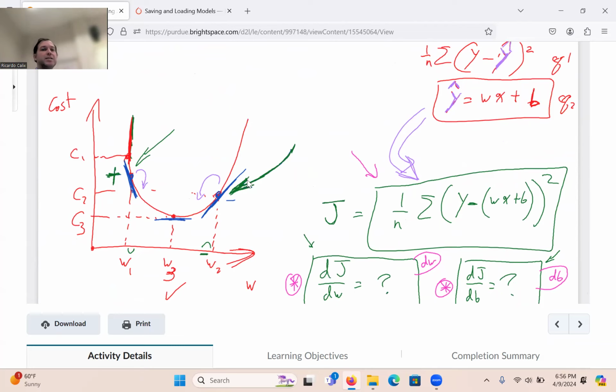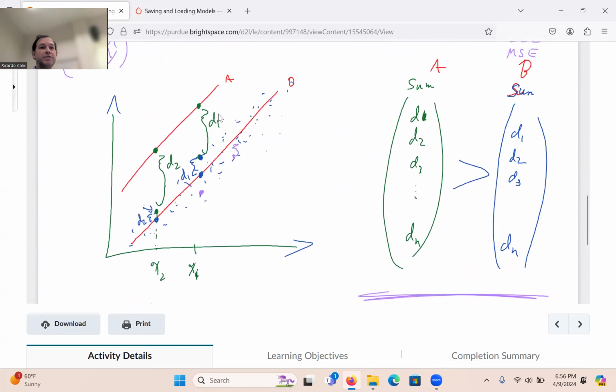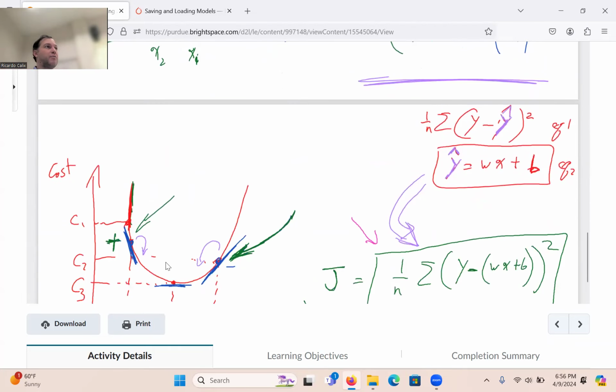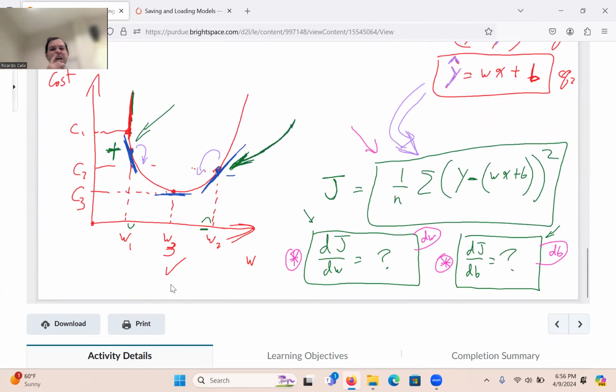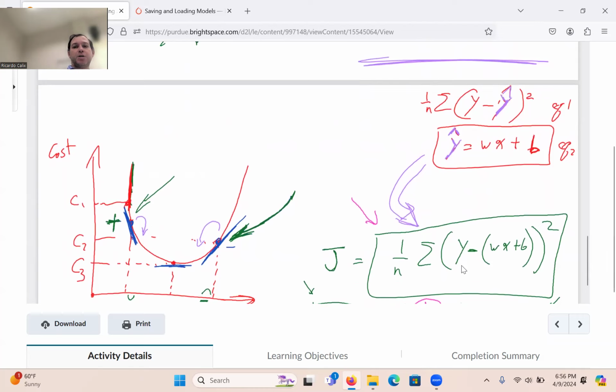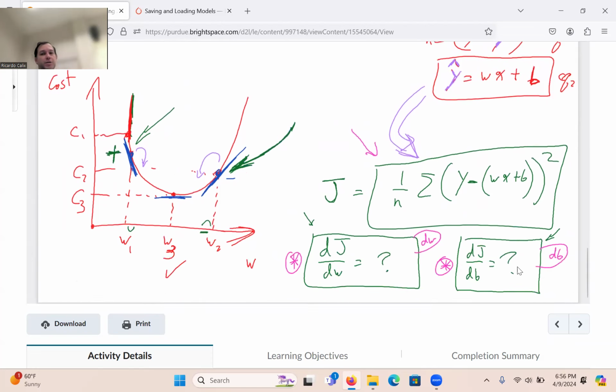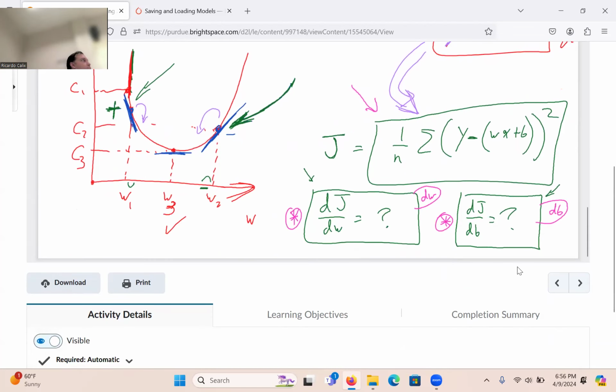Now, one thing that does not live in this graph is the data. The data lives in this other graph. This one just captures the difference between the real and the predicted. So you have to understand this part here, which is really important.